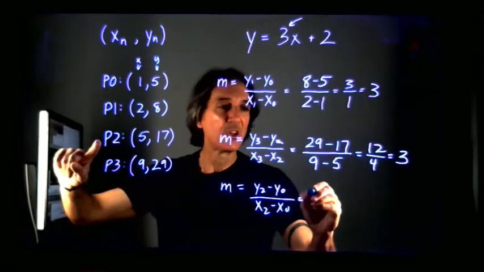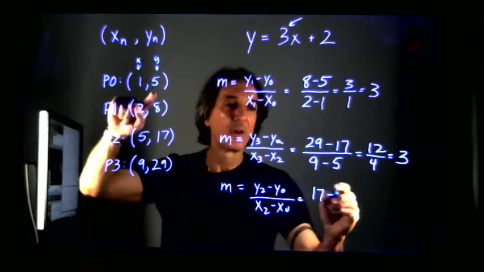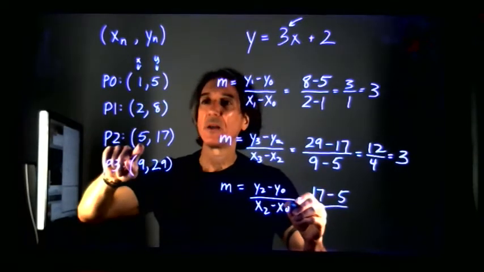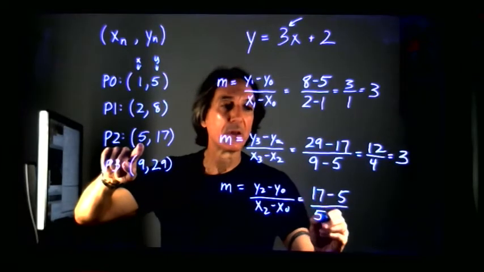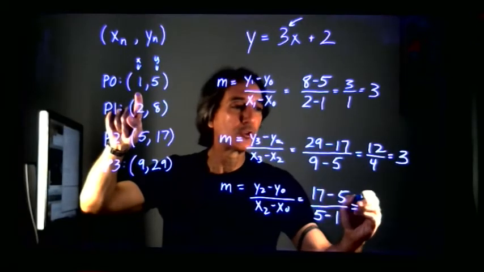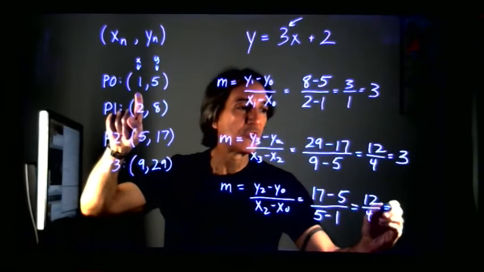And now we have 17 minus 5 divided by 5 minus 1, and this is equal to 12 divided by 4 is equal to 3.